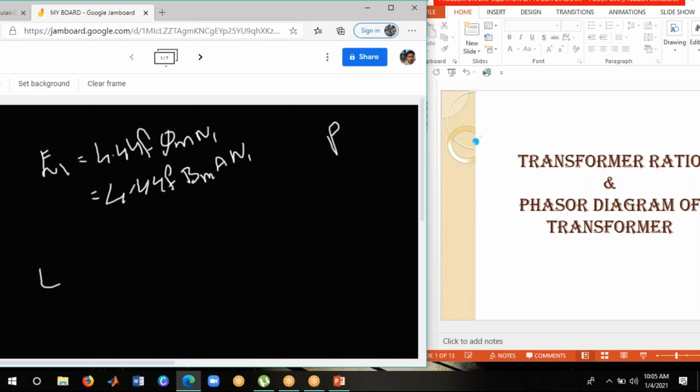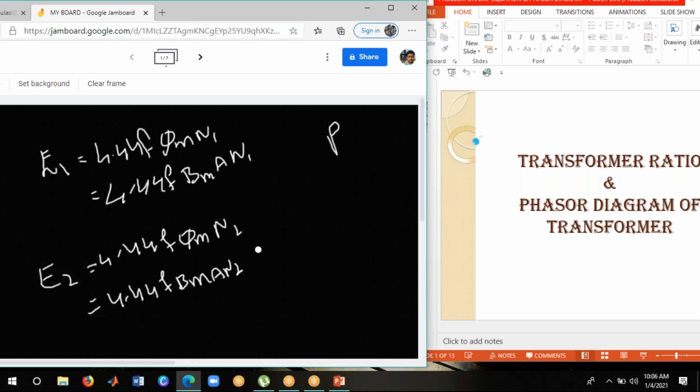Similarly, for the secondary, you can write E2 equals 4.44 F phi m and N2. Now the same equation you can write as 4.44 F Bm A N, right? So these are the two equations of the EMF equation of a transformer.